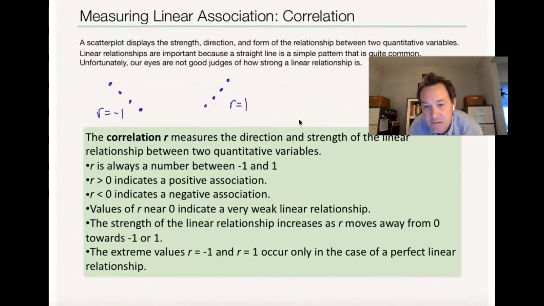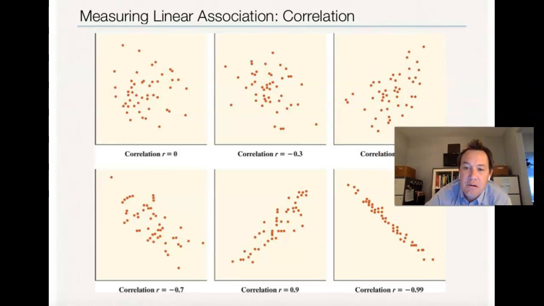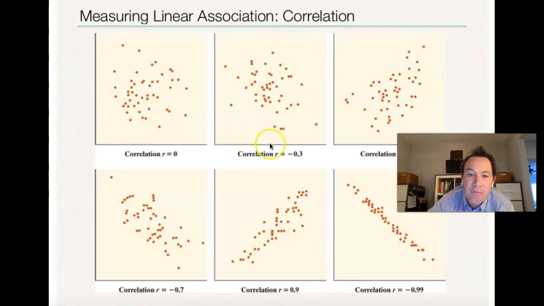Perfect linear associations. The more random the scatter is, the closer you'll get to 0. All right, so here are just a couple of examples. It's really hard to get a correlation of R equals 0.